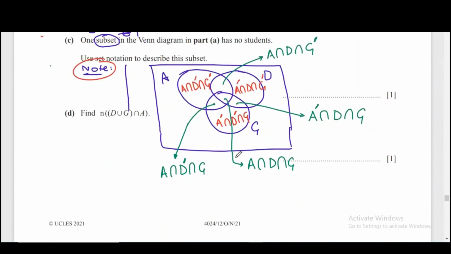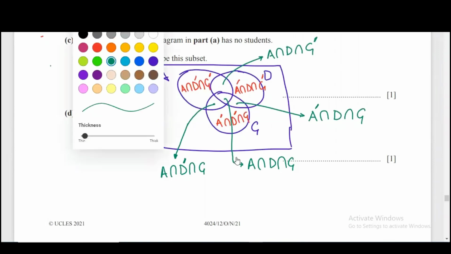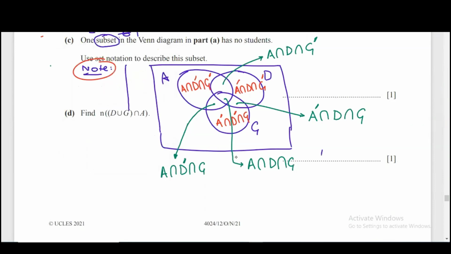So write down the final answer. The final answer will be A intersection G intersection D complement.